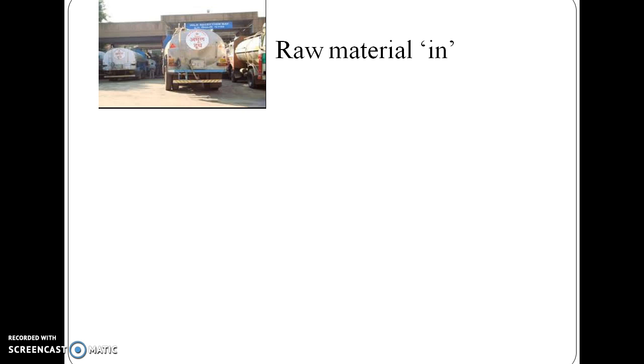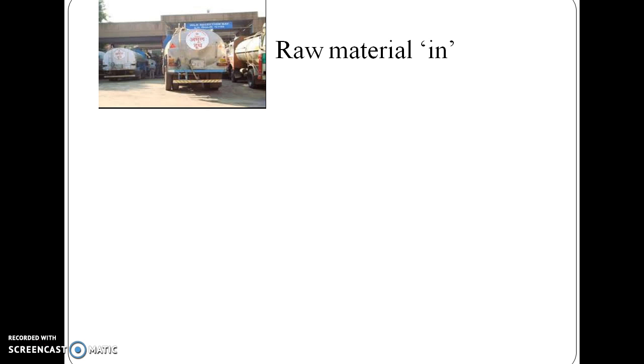a popular operation, where the raw material comes into the food industry, that is your milk industry. Milk containers, refrigerated vans, are in a row.